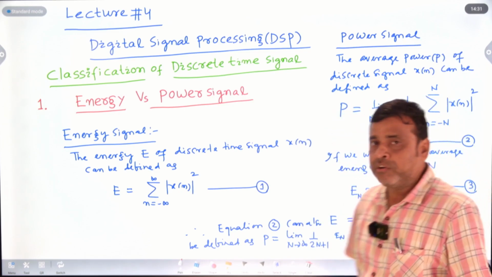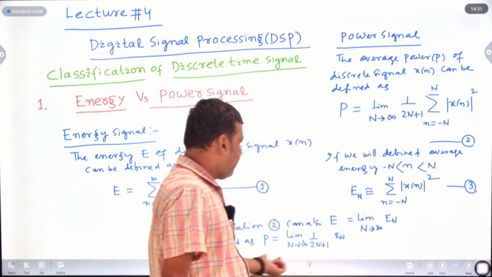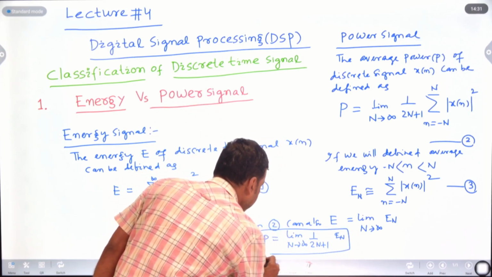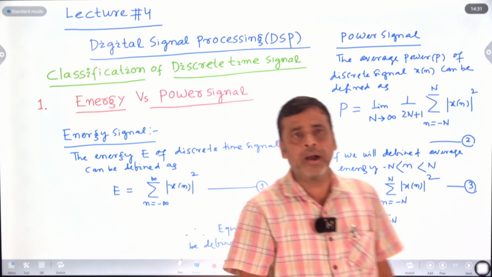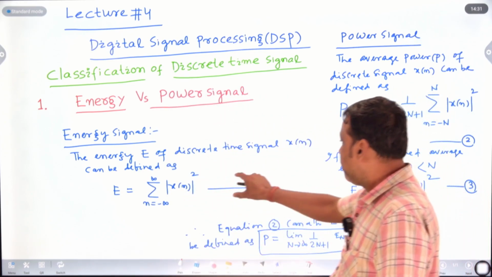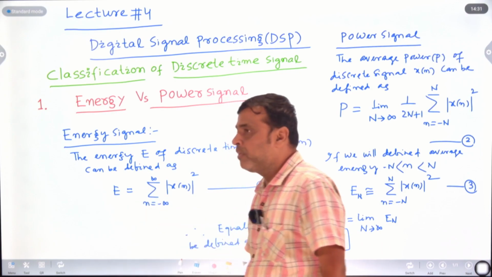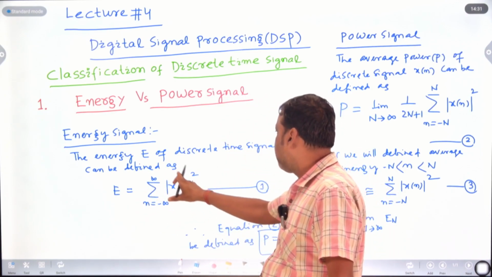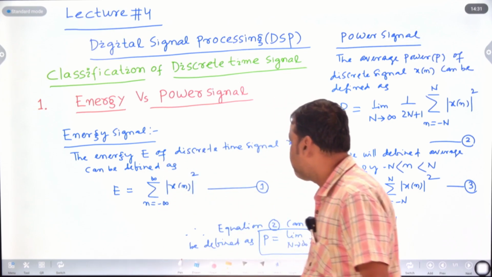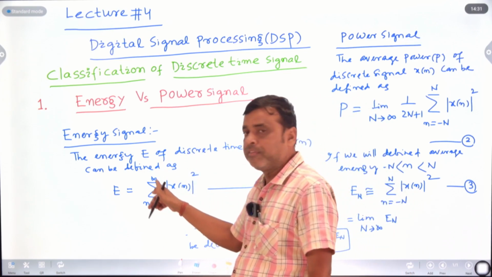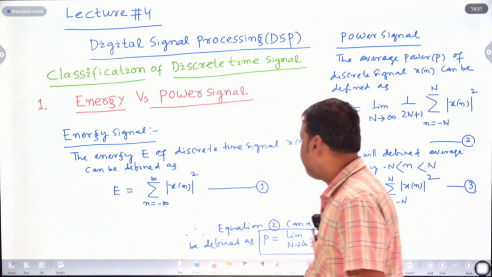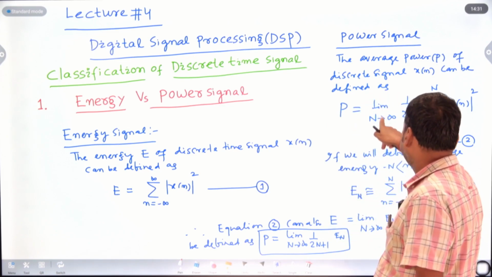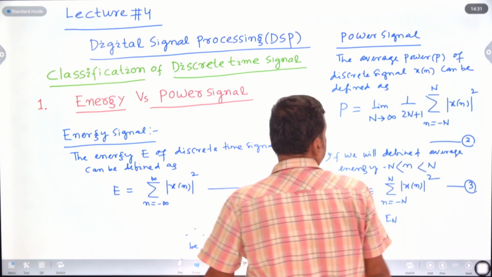So what I am trying to say is, this is power and this is energy. This relation holds for the relation between energy and power. The energy of a discrete-time signal x of n can be defined as the sum from n equal to minus infinity to infinity of |x of n| squared, and the average power of a discrete signal x of n can be defined as limit N tends to infinity 1 by 2N plus 1 times |x of n| squared.